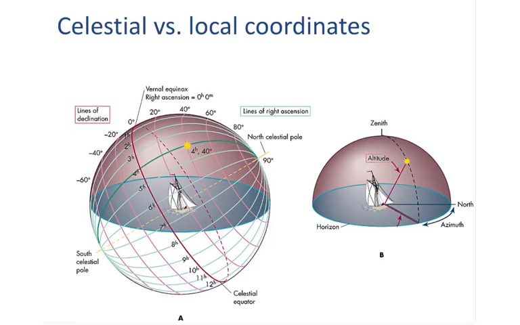Okay, and here's a better picture of how everything is oriented. We can see the vernal equinox, which is your 0 degrees on your right ascension. And I believe in the lab, it's going to go the opposite way, counterclockwise.